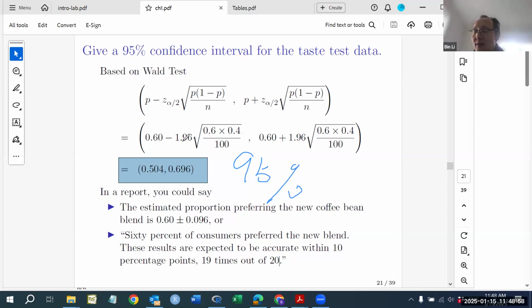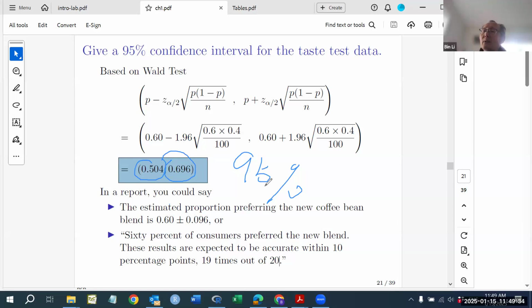Among these 100 95% confidence intervals, we expect 95 of them to catch the true unknown parameter. That is what it means. In other words, the upper and lower limits that we get from this confidence interval are random, but the parameter is fixed. You see that?